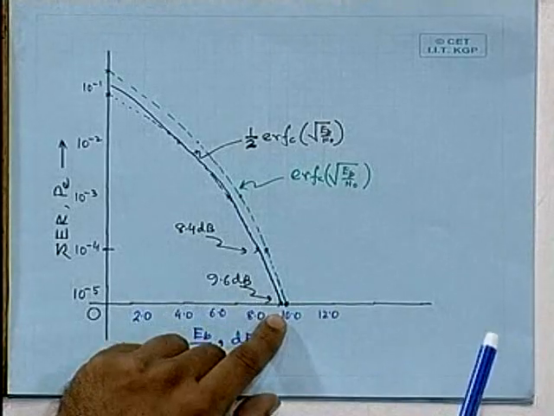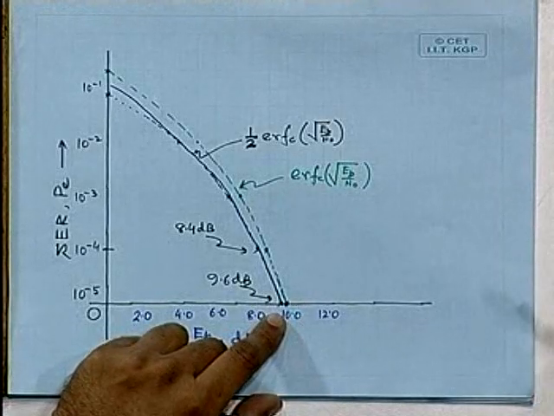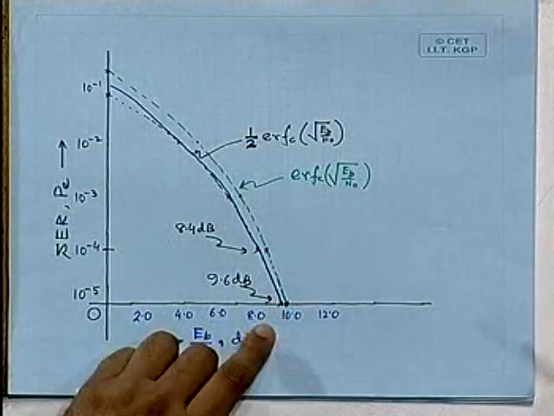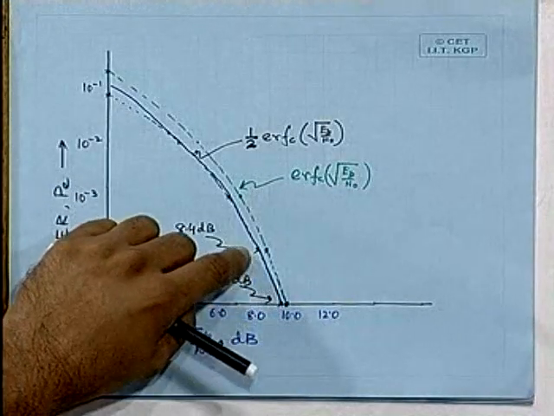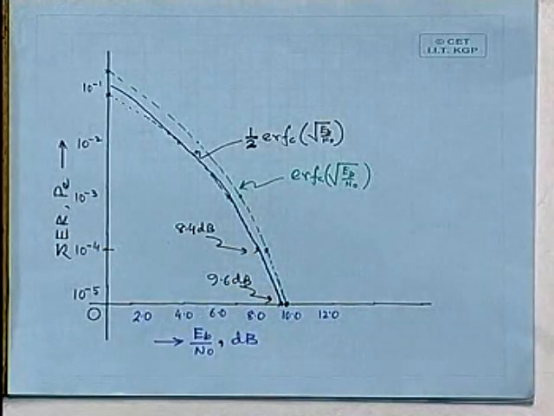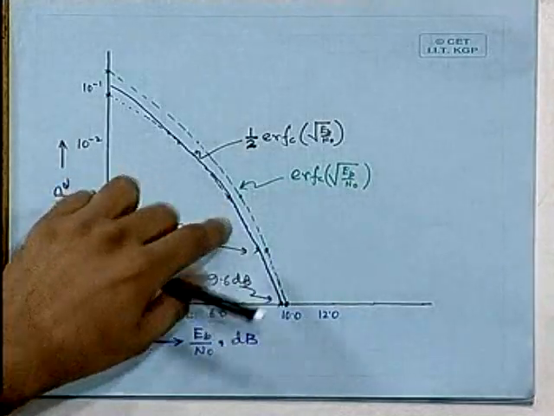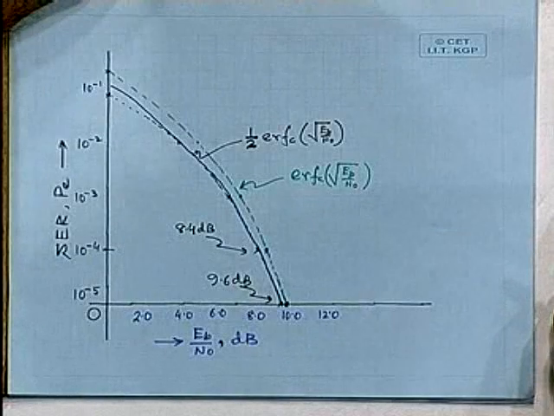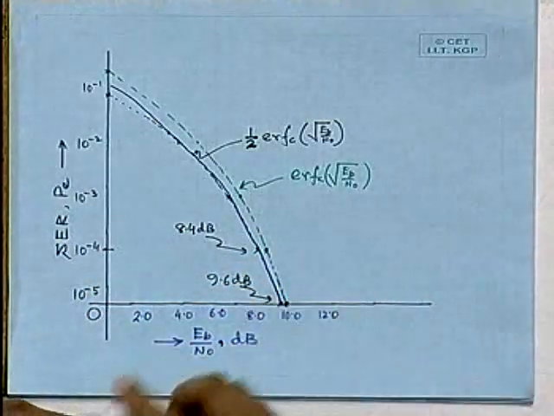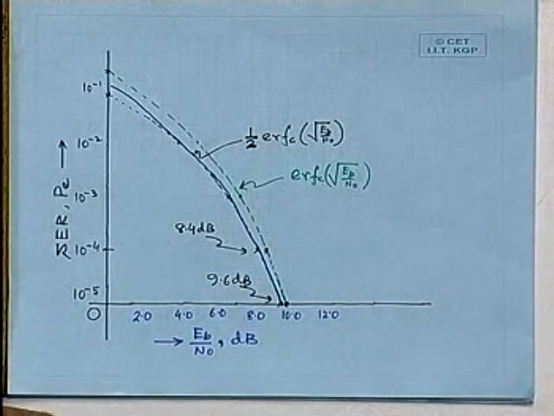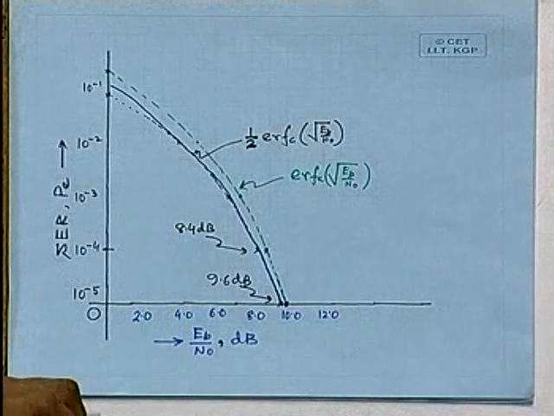To get a bit error rate of 10 to the power minus 4, you need an Eb/N0 of 8.4 dB. For a bit error rate of 10 to the power minus 3, the corresponding Eb/N0 is close to 6.8 dB. So remember these 2-3 values, because they will come up over and over again when you study digital communications later. Is that okay?